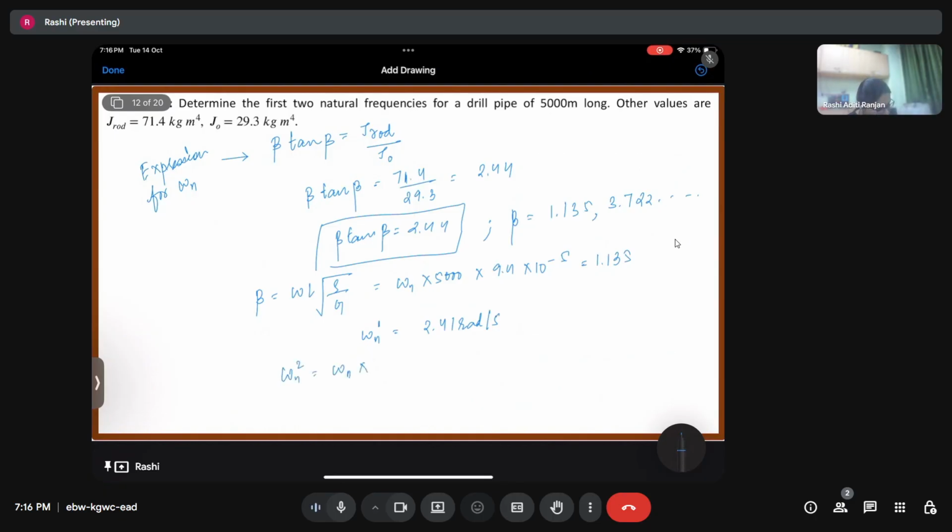Omega n into 5000 into 9.4 into 10 to the power minus 5 is going to be equal to what? Sorry, not 7.93, 3.722. This is going to give us omega n2 as 7.93 radians per second.